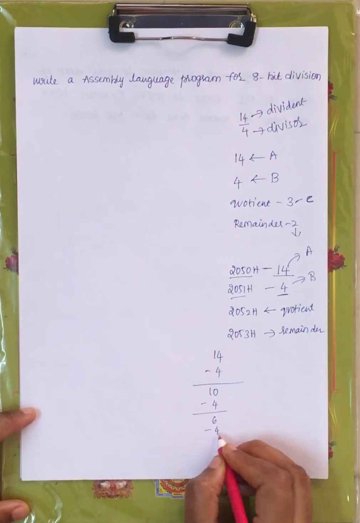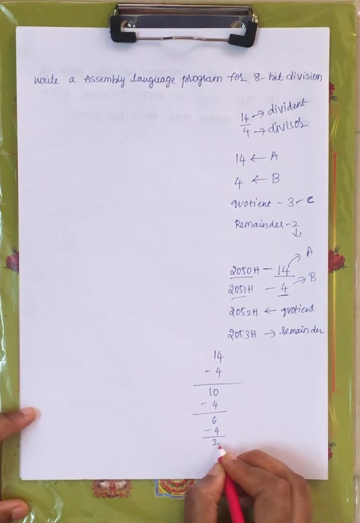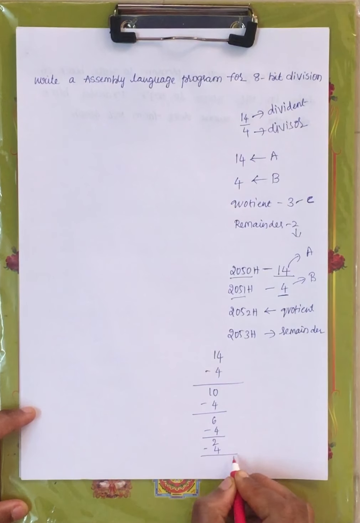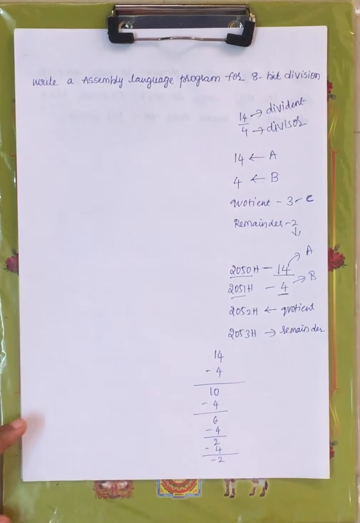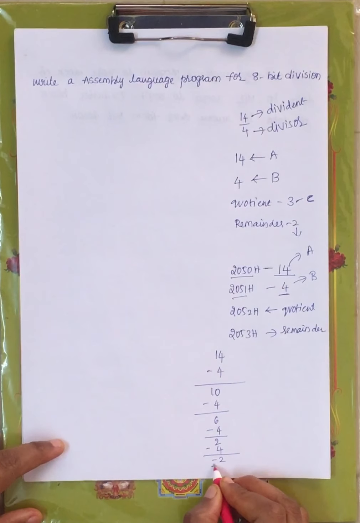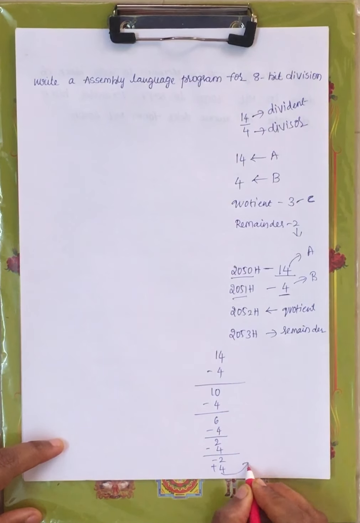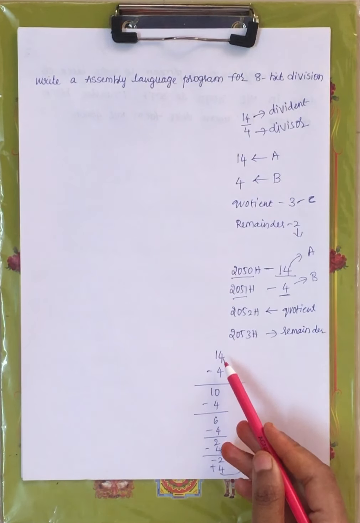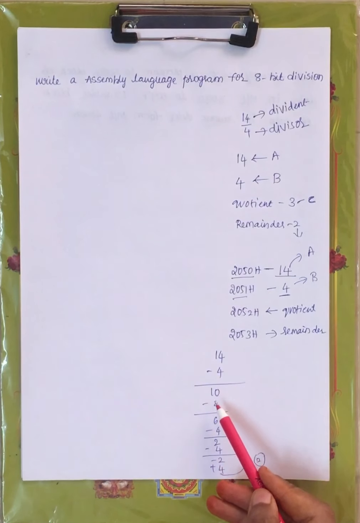Again subtract the divisor, you will get 2. Again subtract the divisor, what is the value? You will get minus 2. To this minus 2 we have to add plus 4 to get the remainder. What is the remainder? 2. This is the procedure to be followed. First subtract the divisor from the dividend, you will get some result.